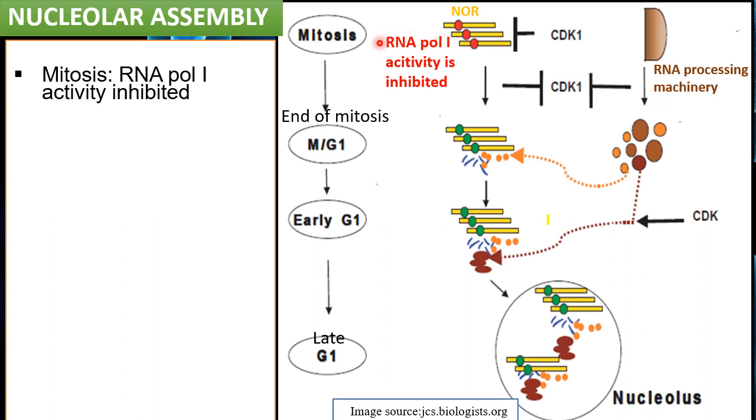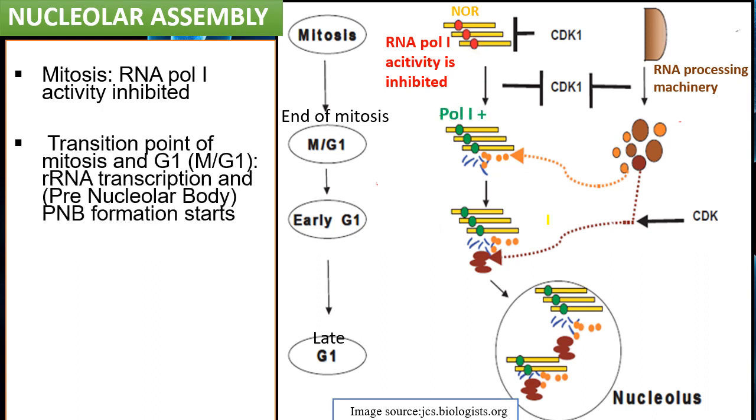But at that time, the RNA polymerase activity is inhibited by the action of cyclin dependent kinase 1. As its activity is inhibited, RNA polymerase 1 is represented with this 3 red spot.